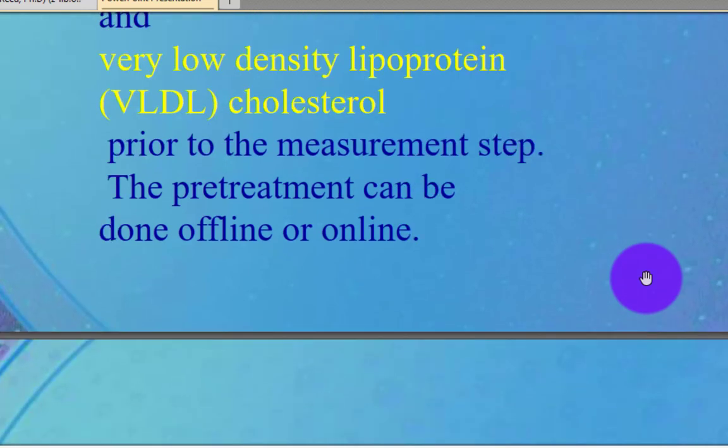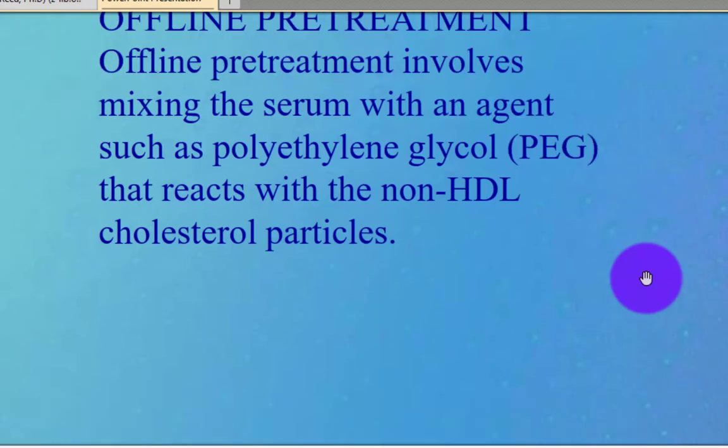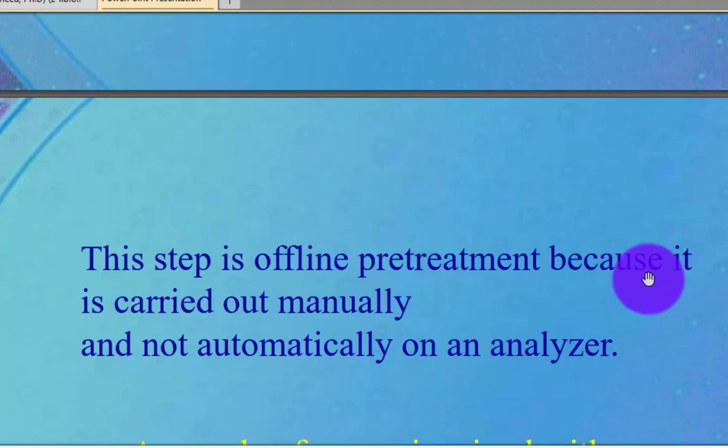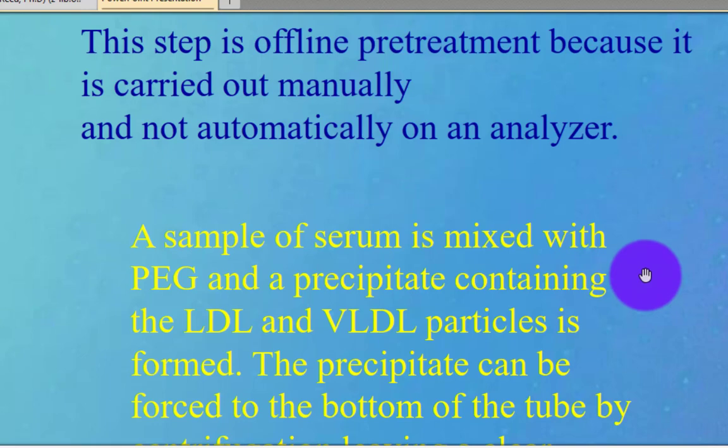Prior to the measurement steps, the pre-treatment can be done offline or online. Offline pre-treatment involves mixing the serum with an agent such as polyethylene glycol that reacts with non-HDL cholesterol particles. This step is offline pre-treatment because it's carried out manually and not automatically on an analyzer.